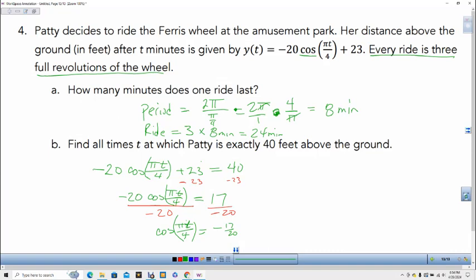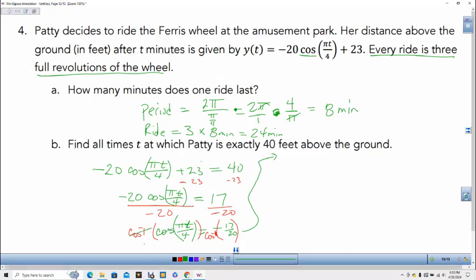All right, so at this point we probably want to use the inverse trig function. So we're going to take the inverse cosine of both sides. Now, when we do that, the inverse cosine is going to knock out the cosine here.